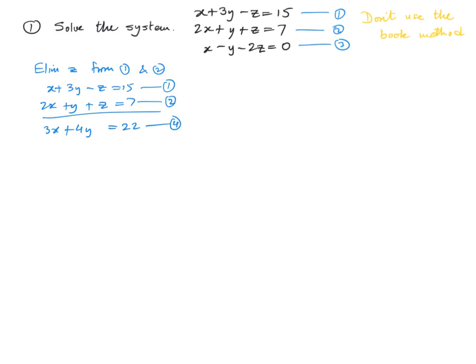Now I got to eliminate the same variable a second time, but I got to pick a different pair. So for example, let's do it from 2 and 3. So eliminate z from 2 and 3. In order to do that, I need to multiply equation 2 by 2.